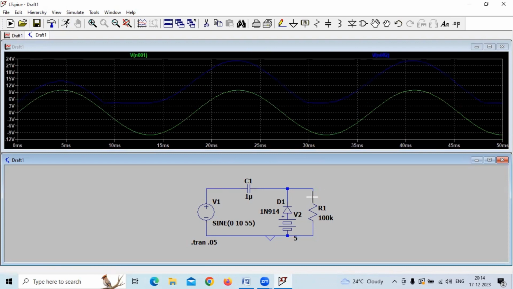In this case, you can see that this is the input waveform with the DC level of 0, and the output waveform is at the level of 5 volt. The reference level is at 5 volt, because the battery or the DC supply we have considered is of 5 volt.